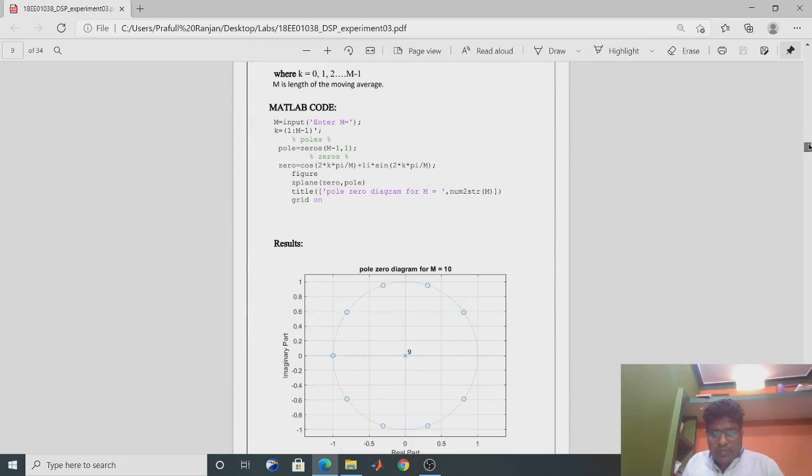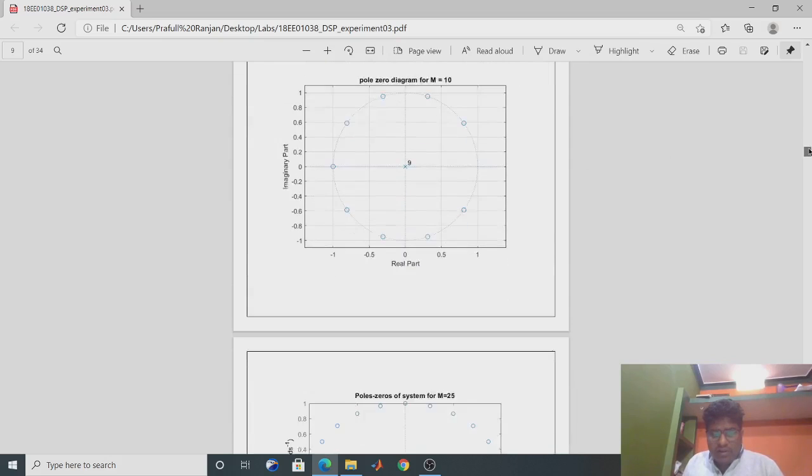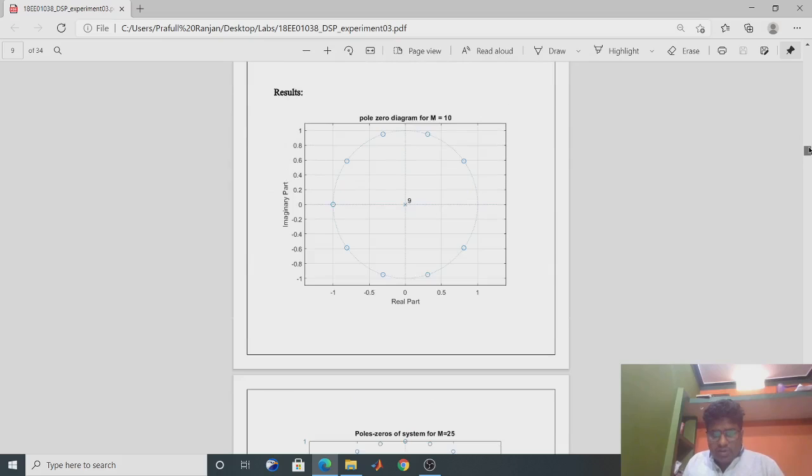And this is the code for plotting, and these are the plots. So we can say for m is equal to 10, there are 9 zeros at z is equal to 0, and there are 9 poles which are distributed over a circle of radius unity.